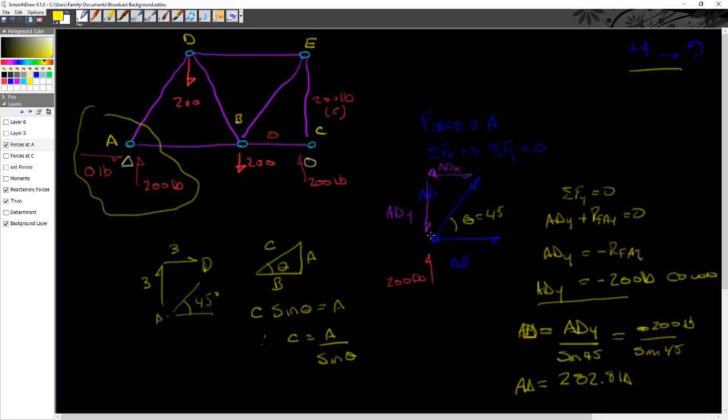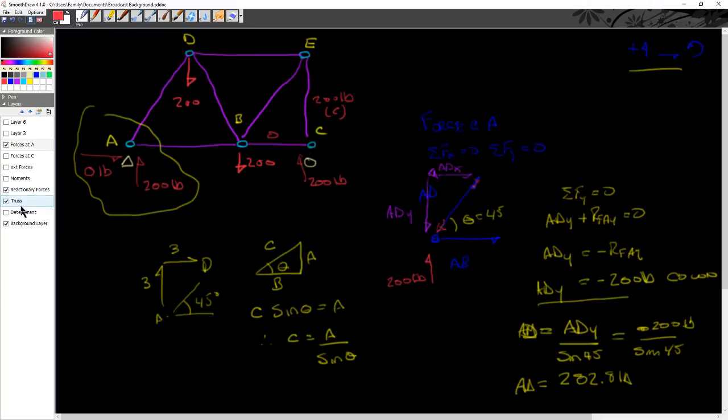So looking at this, if ADY is going down, ADX is going to the left, I know that AD is actually going down, so that's in compression. When I got that negative number, that's what that was telling me. So I'm going to fix that on this diagram, and draw the vector AD going down.